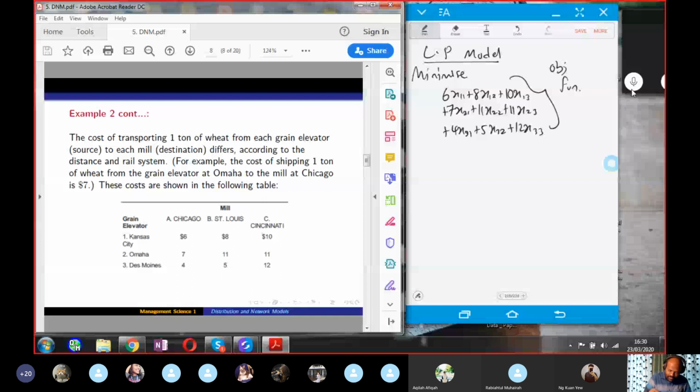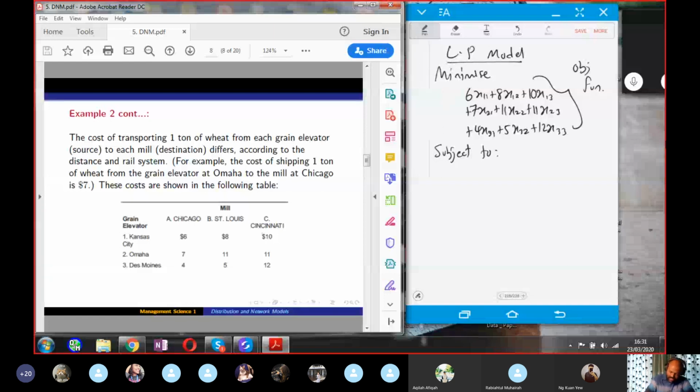After this, what to do? Subject to, we're going to find the constraints. As I told you before, as in the previous example, the constraint must start from the supplier first. Now, what are the constraints?